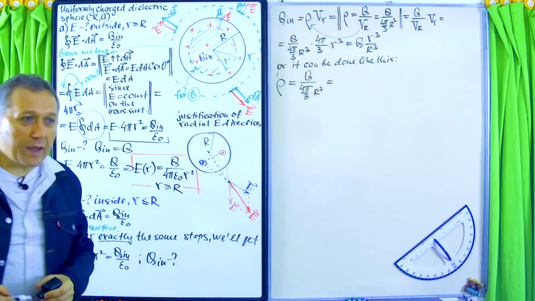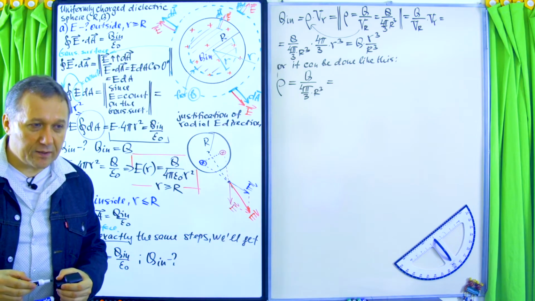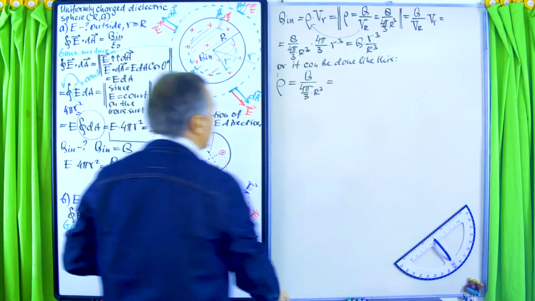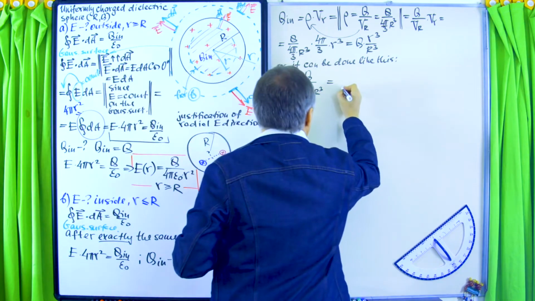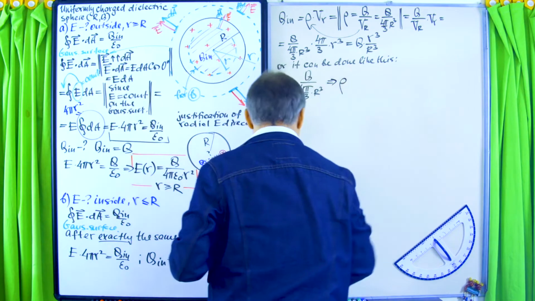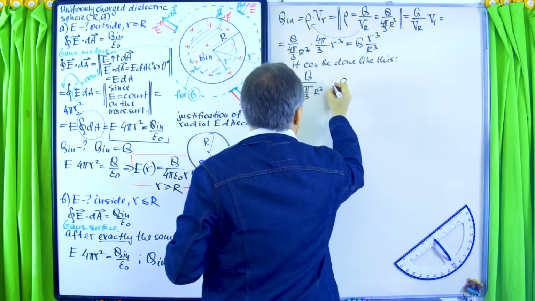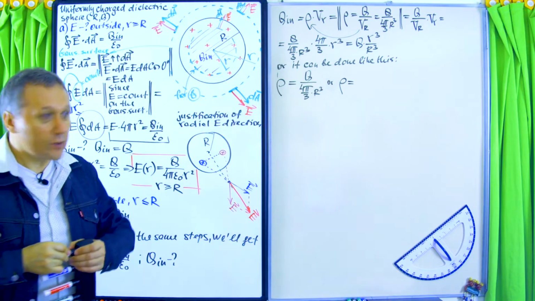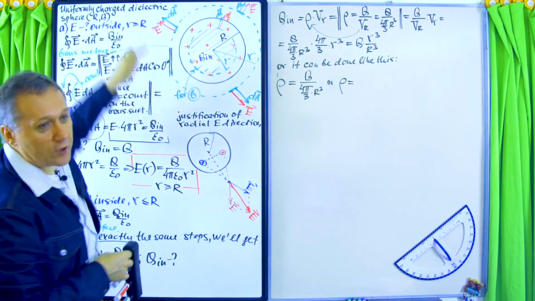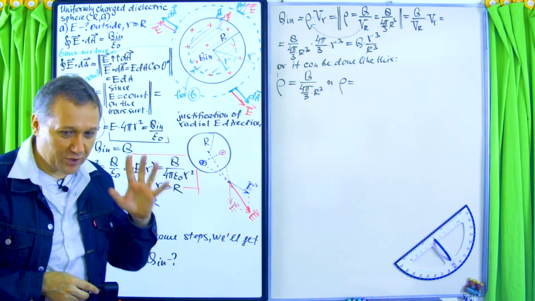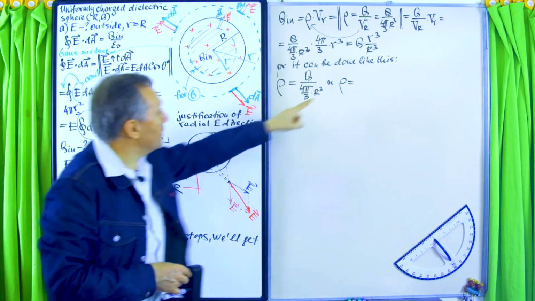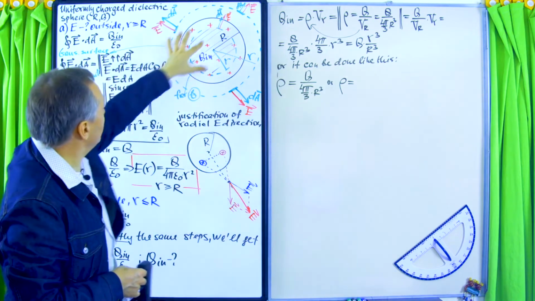But how else can rho be found? Because we have uniform charge distribution, charge density is exactly the same. Can we write rho in terms of Q enclosed?